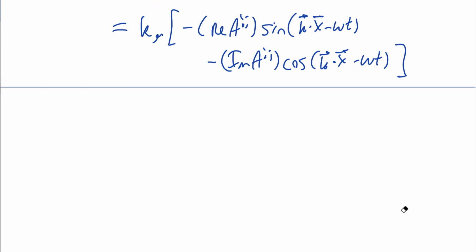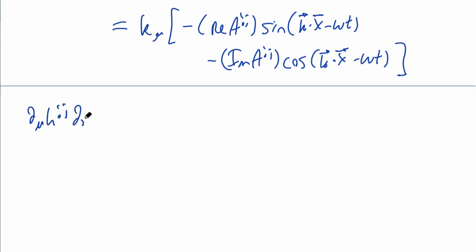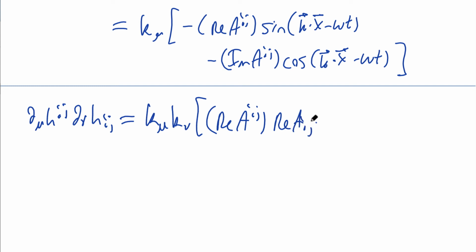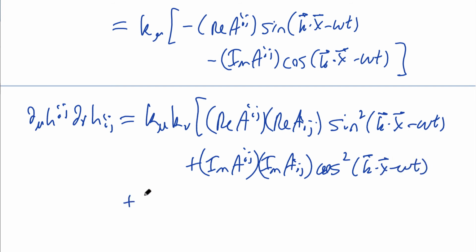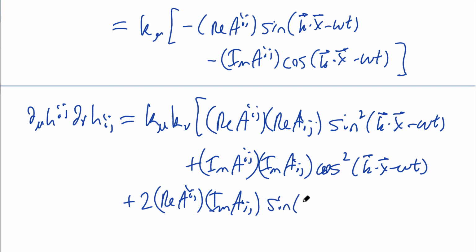For the stress energy momentum tensor, we need to compute partial mu hij partial nu hij, and that will equal k mu times k nu times the square of this factor, which is the real part of Aij times the real part of Aij times sine squared of k dot x minus omega t, plus imaginary part of Aij times imaginary part of Aij times cosine squared of k dot x minus omega t, and then the cross terms give 2 times the real part of Aij times the imaginary part of Aij times sine of k dot x minus omega t times cosine of k dot x minus omega t.